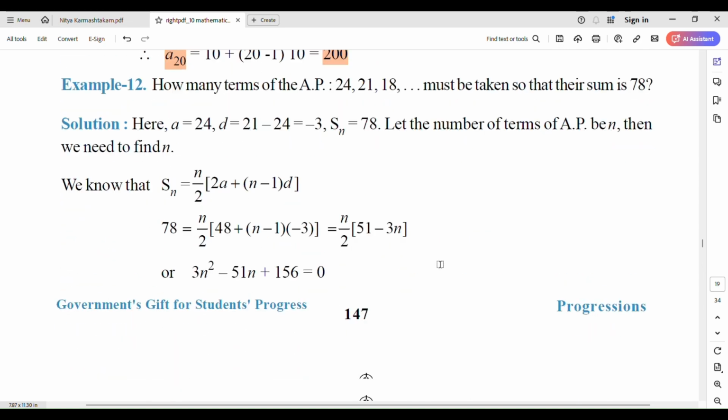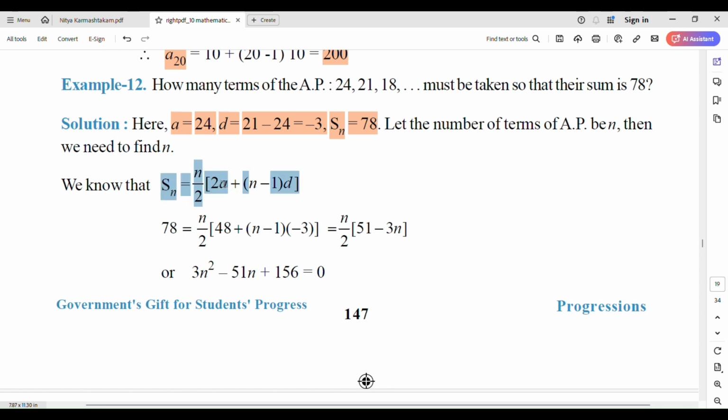Next, how many terms of the AP 24, 21, 18 must be taken so that their sum is 78? Basically I want to find out the number of terms, that is n, so that the sum is 78. So what is the given data? a equal to 24, d equal to 21 minus 24, that is minus 3, and S of n, the sum of n terms, is 78.